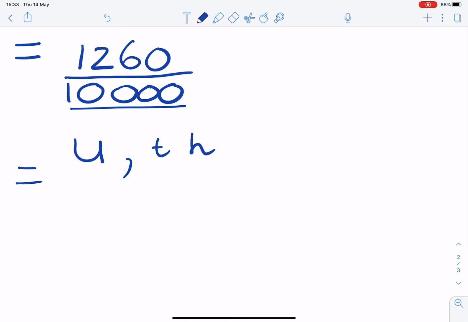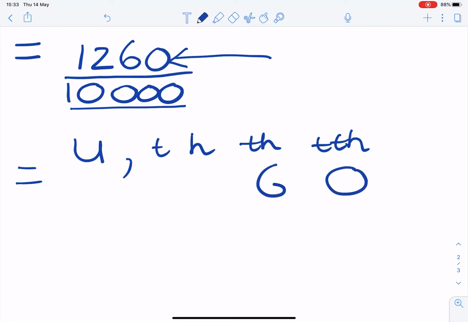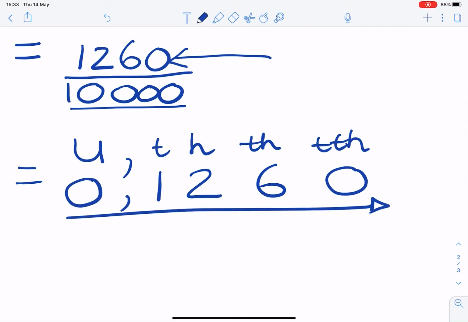Tenths, hundredths, thousandths, 10,000ths. So our numerator needs to end in the 10,000ths column. So there is our answer.